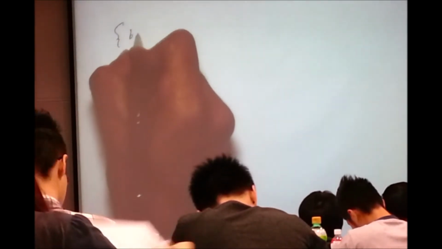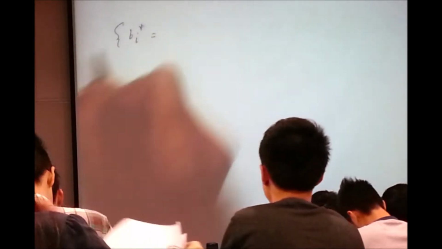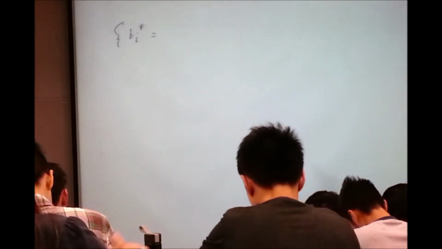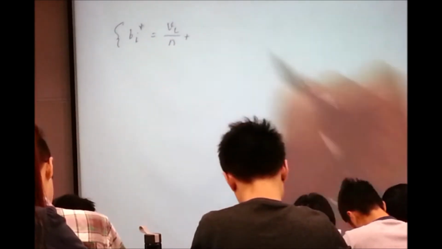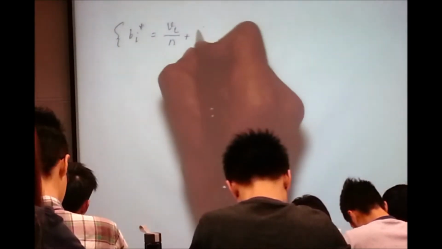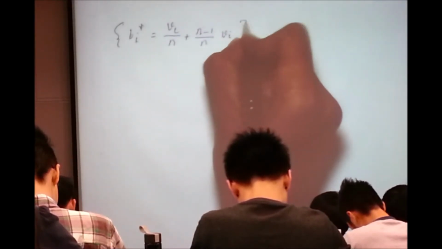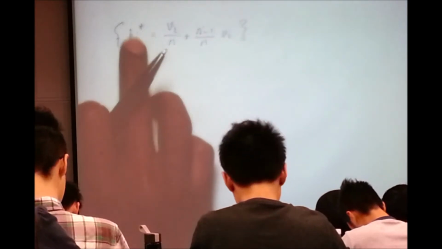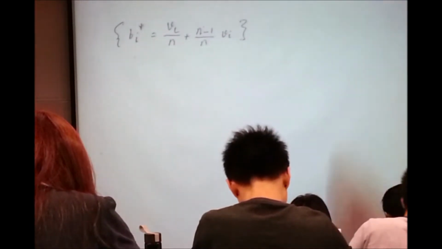You can substitute i equal to 1, 2, 3. If you wanted, you could just break it down into B1, B2, B3, B4, and so on. That would be your Nash equilibrium set.